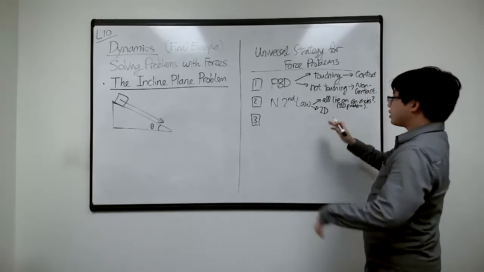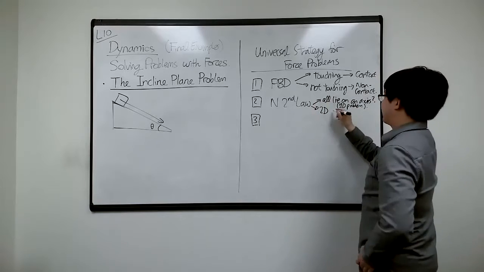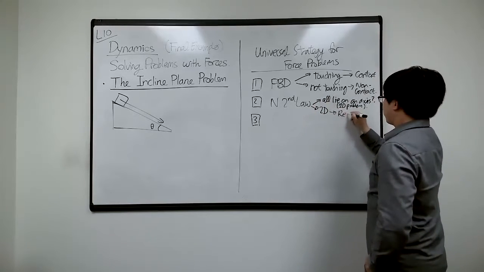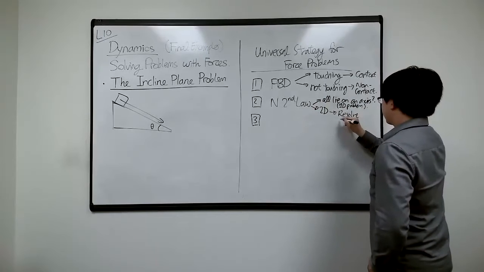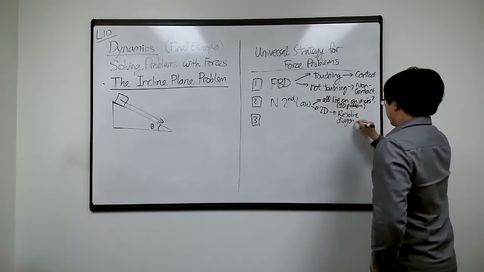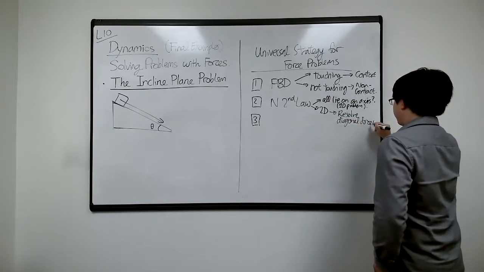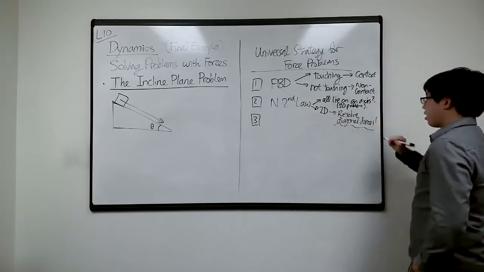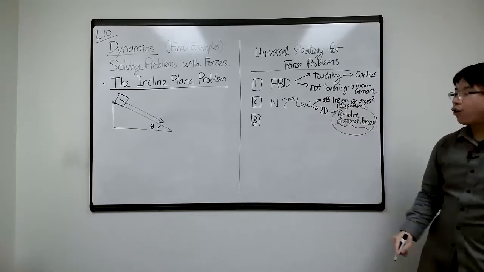If it is a 2D problem, if things do not lie on an axis, then you need to go and resolve the diagonal forces. We'll see what that means. We'll do a lot of this today. That's kind of our goal, okay?